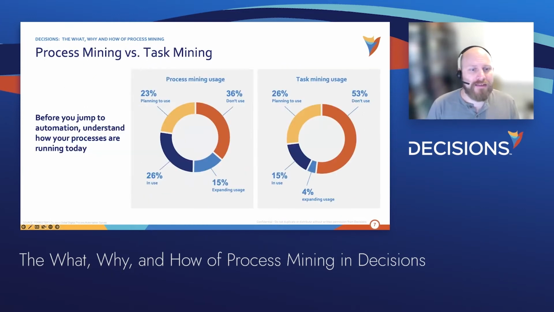Now, Chase, you also asked about task mining. What's the difference between process mining and task mining? Process mining is going to be the analysis of the process from start to finish to understand how long each step takes, who the players are, what the process does at a macro level. Task mining is more akin to something like an RPA process where you want to understand the thing that a person does when they do a particular activity.